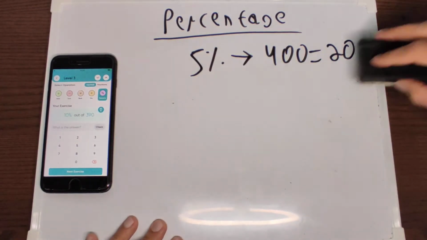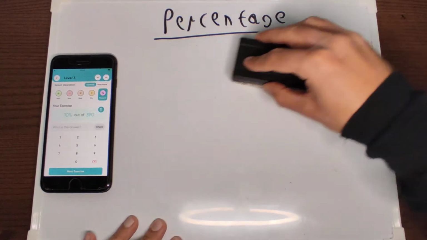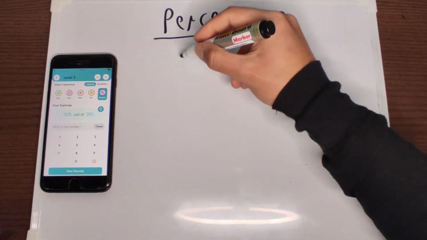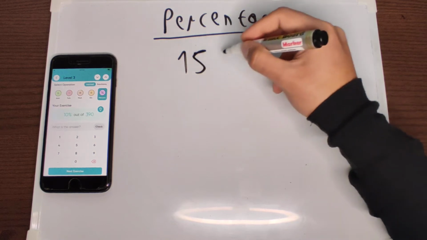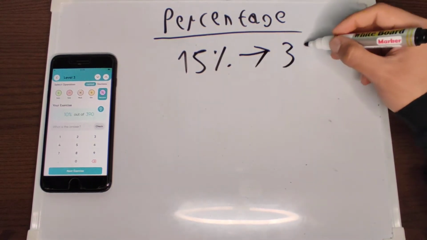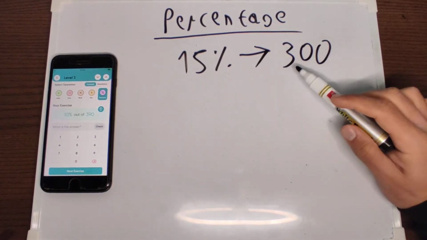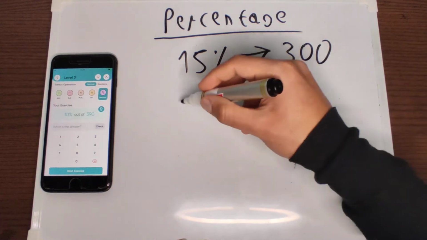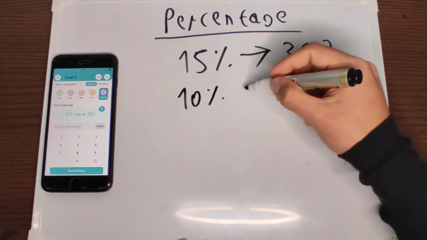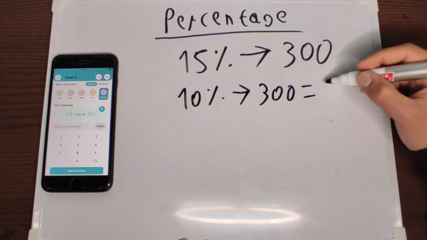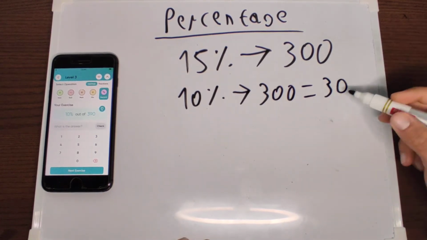So let's take another example. If we need to calculate 15% out of 300. So, as we know, let's calculate 10% out of 300. It results in 30.